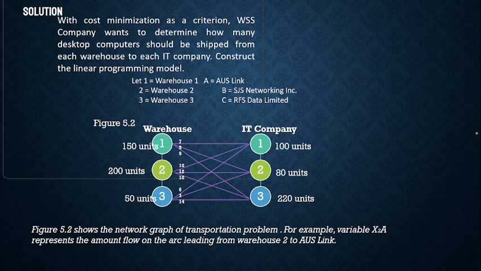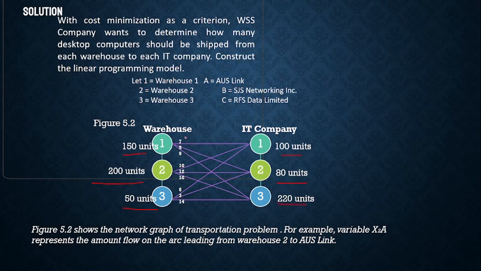Okay, so this is the illustration. Ito yung mga warehouse and also the IT companies. Warehouse 1, warehouse 2, and warehouse 3. So in warehouse 1, 150 units of the PC or personal computer or desktop, and warehouse 2, 200 units and 50 units, and the IT companies 100 units, 80 units, and 220.